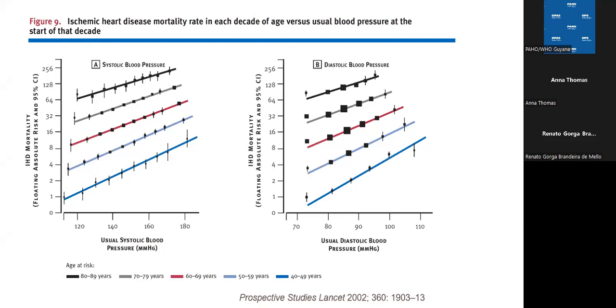And it was possible to conclude that at each 20 millimeters of mercury increase in blood pressure, the absolute risk of dying from ischemic heart disease doubles. And the increased risk pattern is the same for older adults, independently of the age subgroup, for both systolic and diastolic blood pressure.